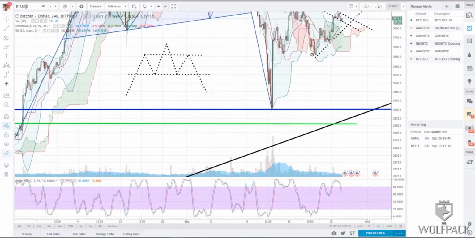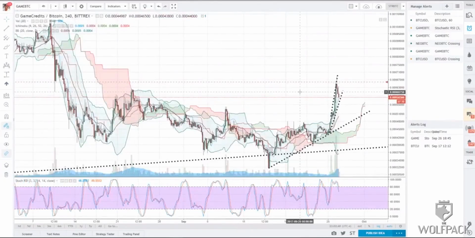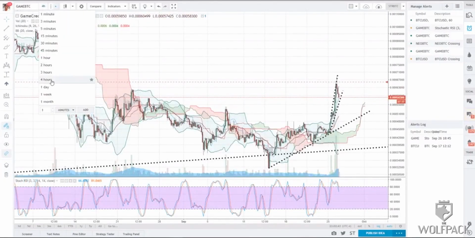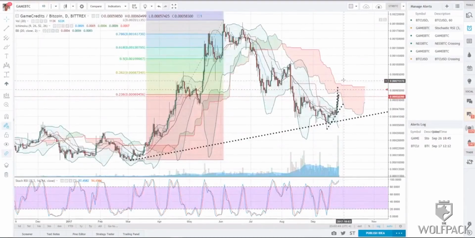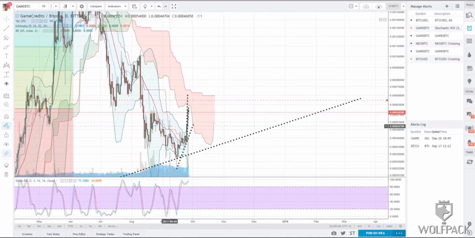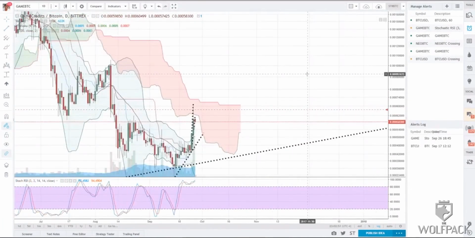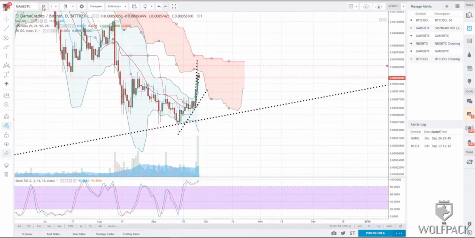I think the perfect one for that is game. I actually drew this out a little while ago, but I deleted it for this thing to make it look pretty. All right, so this right here, it doesn't look pretty on the 1 day.